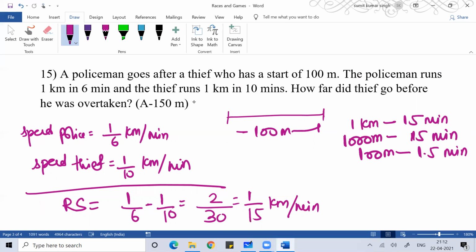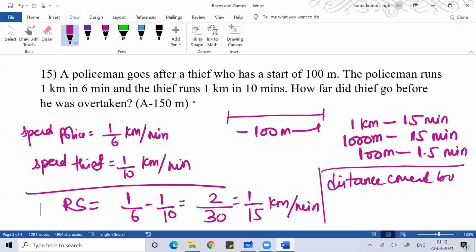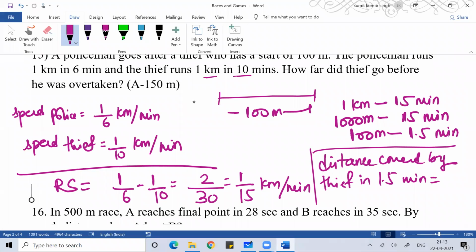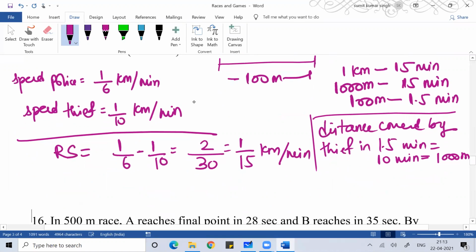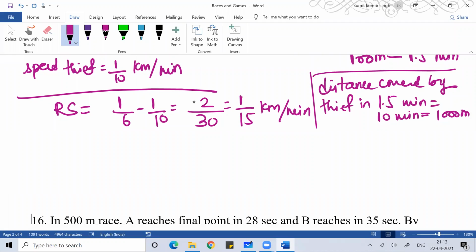So how far did the thief go? The distance covered by thief in 1.5 minutes. In 10 minutes the thief goes 1 kilometer, so in 10 minutes the thief goes 1,000 meters.